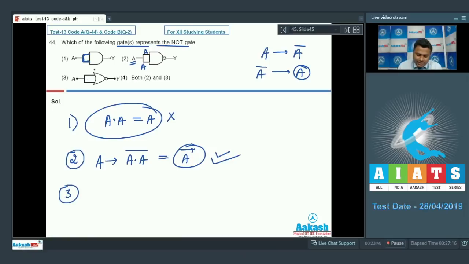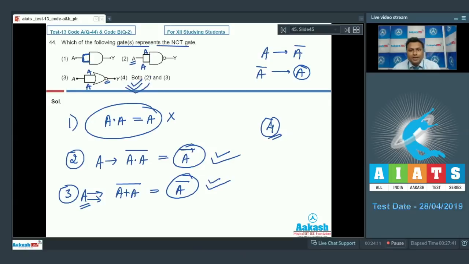Third, again you are giving A, but with this NOR, complement is added due to this bubble. So A plus A whole complement gets you A complement. Again A is getting converted into A complement, so option number 3 is also correct. We can say that option number 4 is true, both 2 and 3. Now move on to the next, that is 45 number.